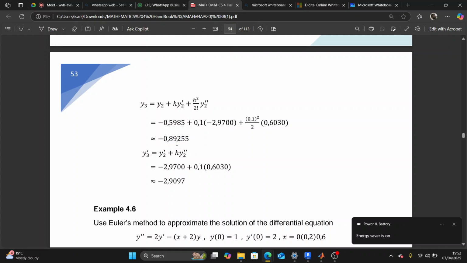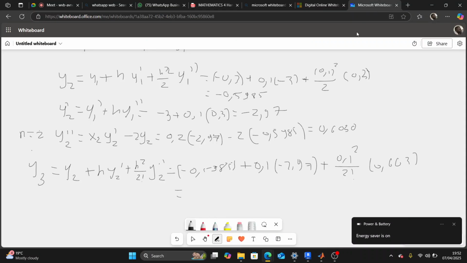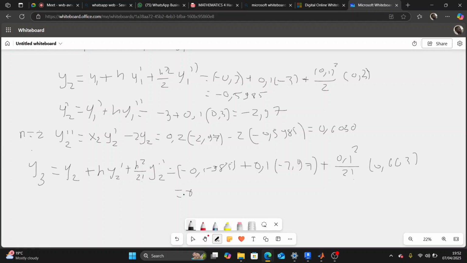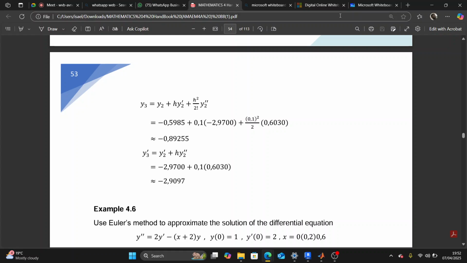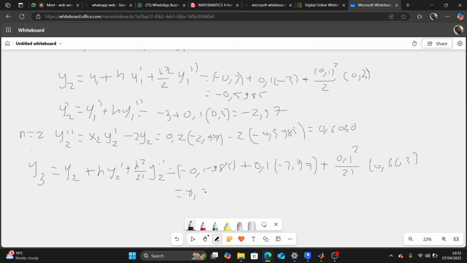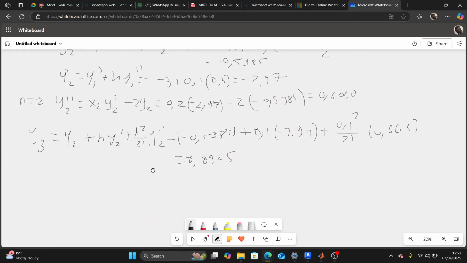Minus 0.892. You can stop at 2526. Minus 0.8925.